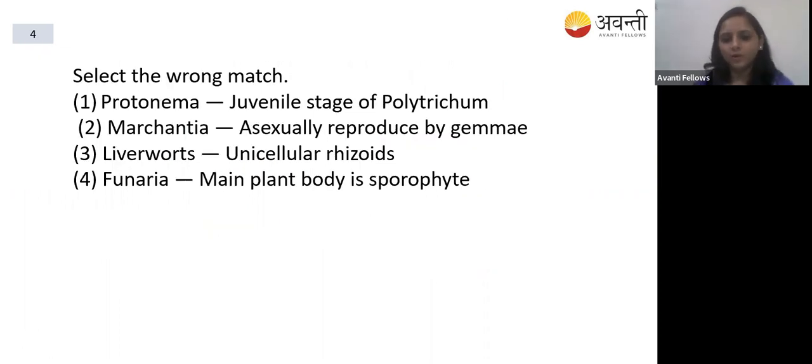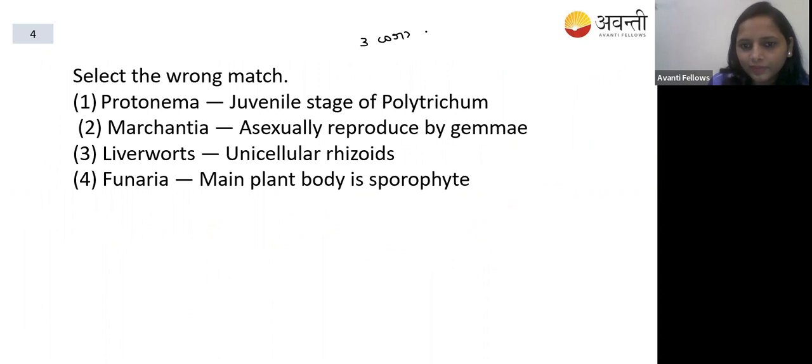Select the wrong match. What you have to do here is select which one is the wrong match. All three are correct, but one is wrong here. Let us find which is the wrong one.